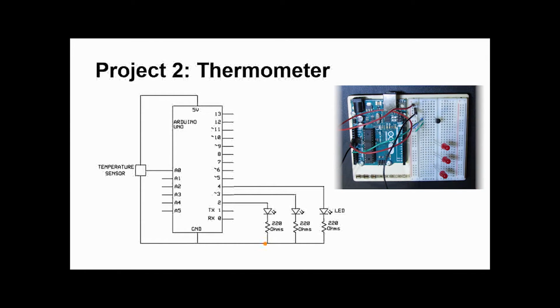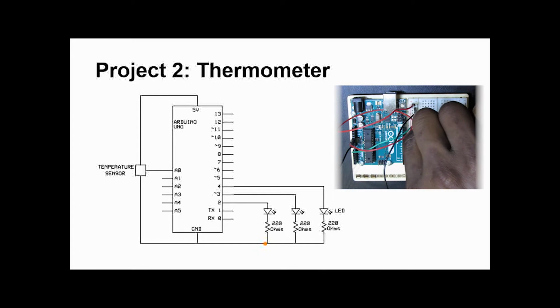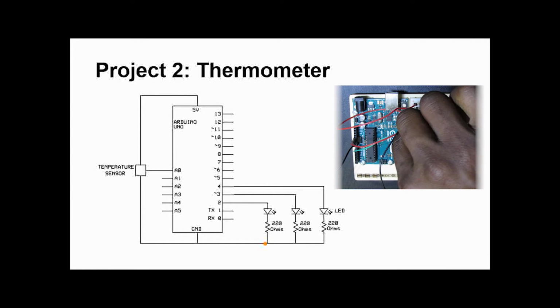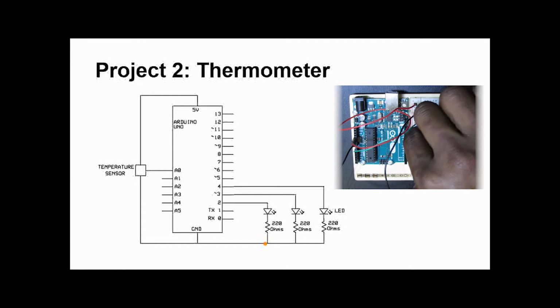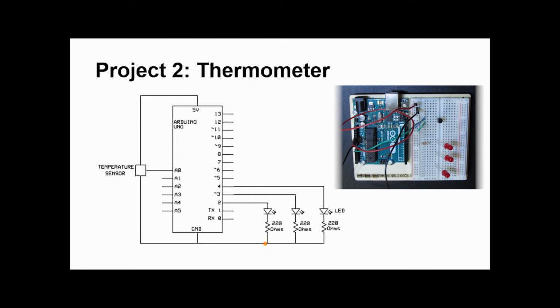Row 16, column B, back to ground, the negative column. And then for the second LED, the cathode is in row 21. So I'll go row 21, column B, back to ground.